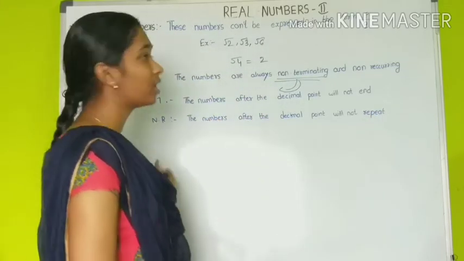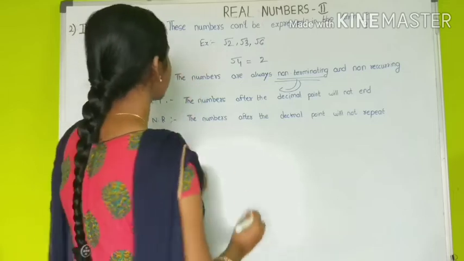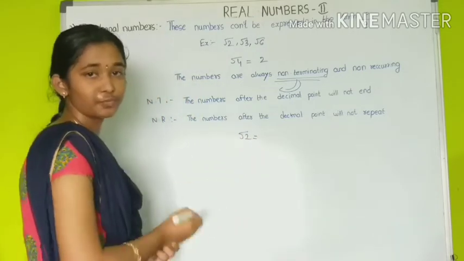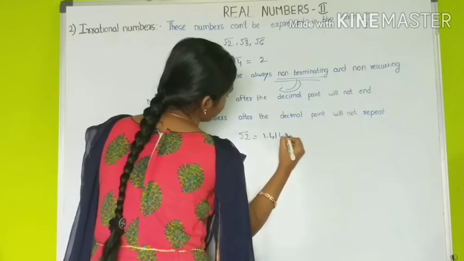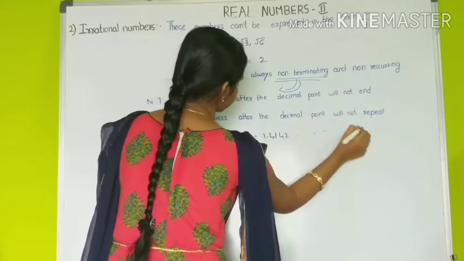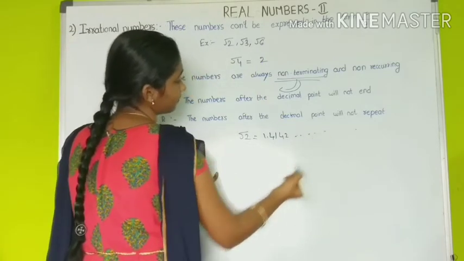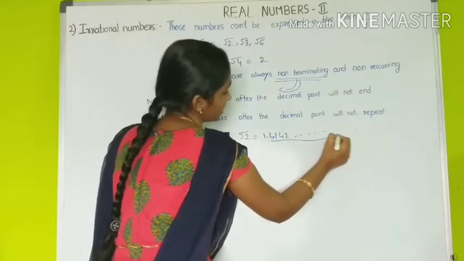We already know that all square roots are irrational numbers. So we take the example of square root. Let me take root 2. What's the value of root 2? That is 1.4142 and so on. The numbers after the decimal point are not ending.